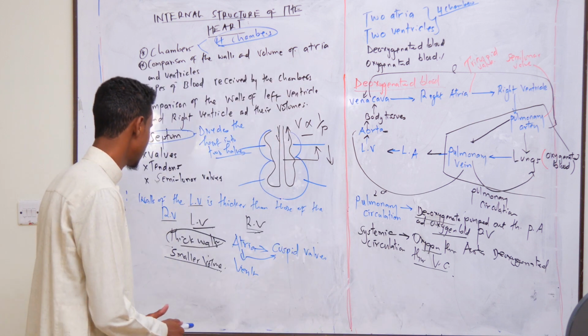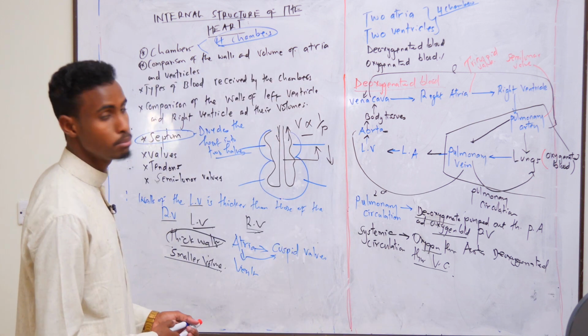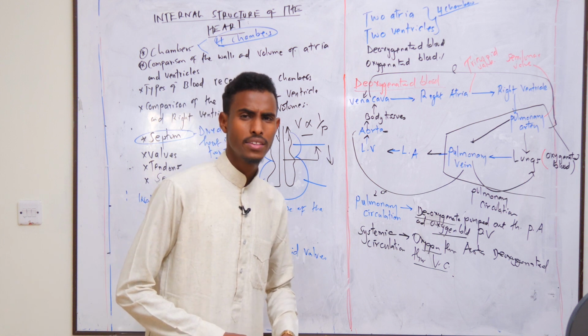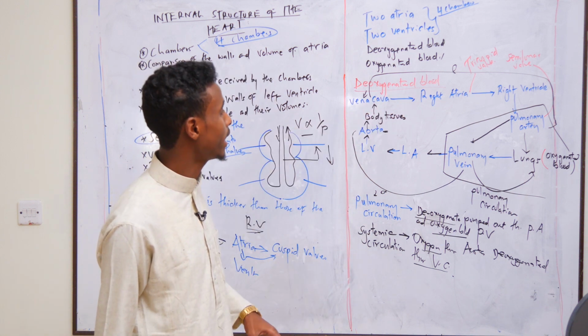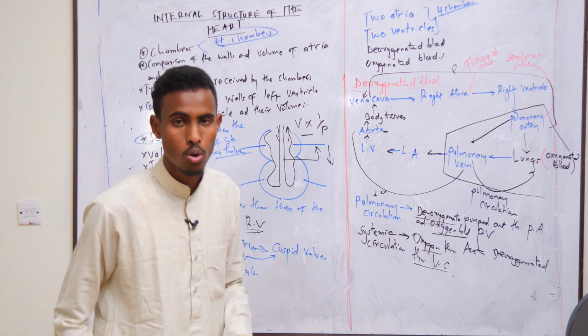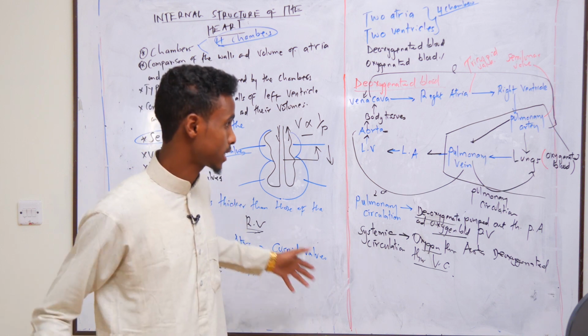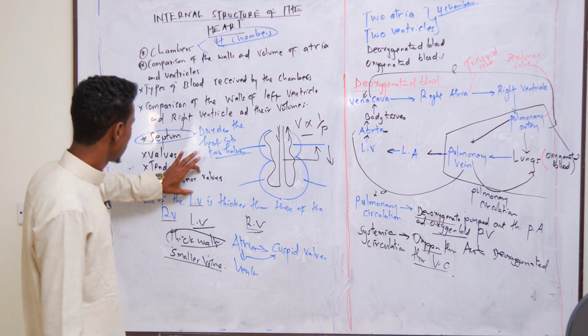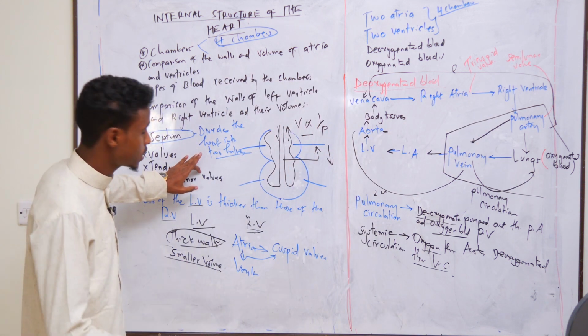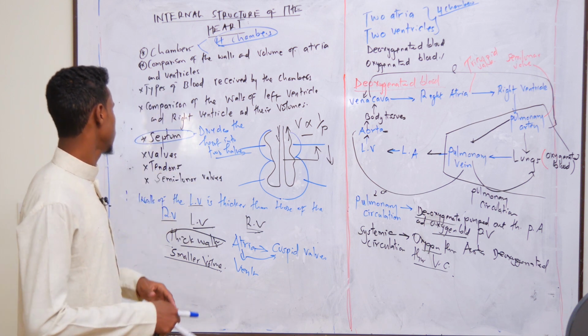They are called the semilunar valves. Likewise, the semilunar valves prevent backflow of blood into the ventricles when ventricles relax.